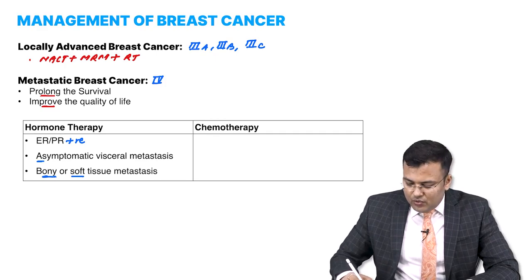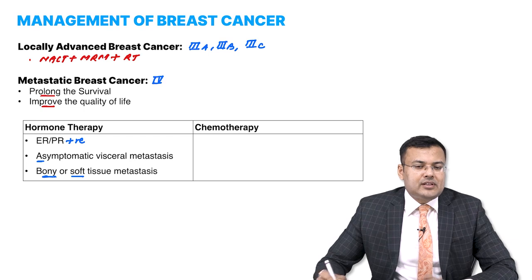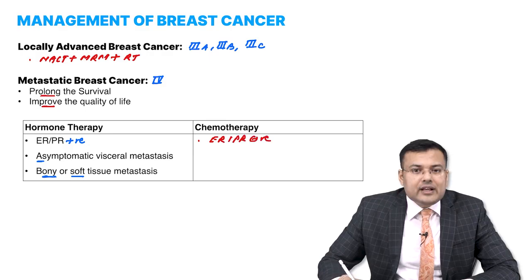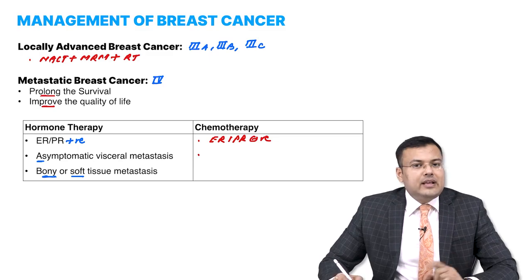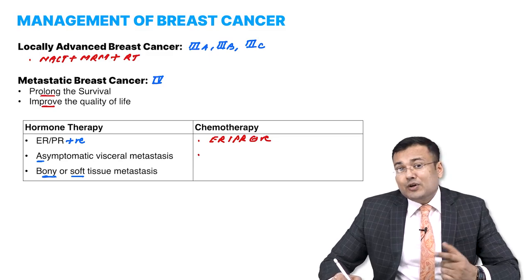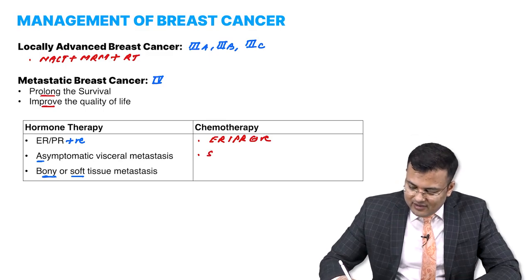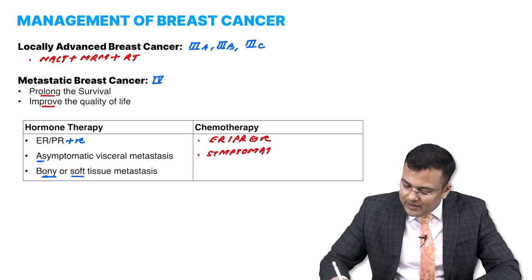Got it? No need to remember the chemotherapy indications. It is just the opposite. So first, can you tell me, ER/PR, obviously negative. There, it is asymptomatic visceral metastasis. So what will be the indication for chemotherapy? Symptomatic visceral metastasis.